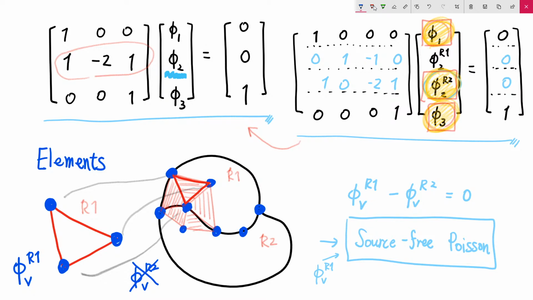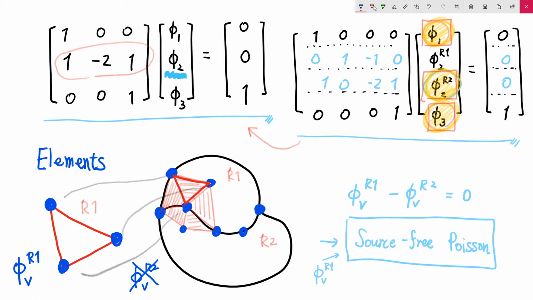Of course, if we are looking from the global point of view, this phi for the interface node in region 2 is always available.